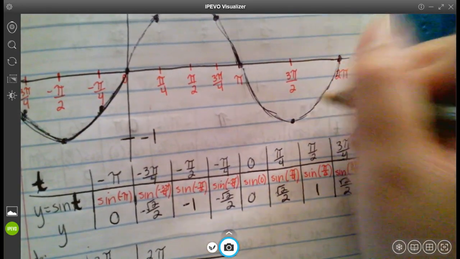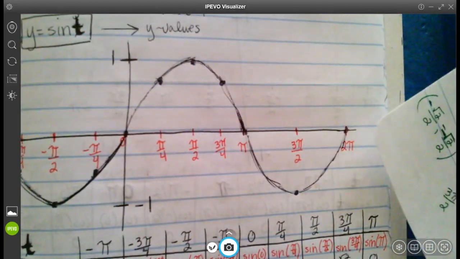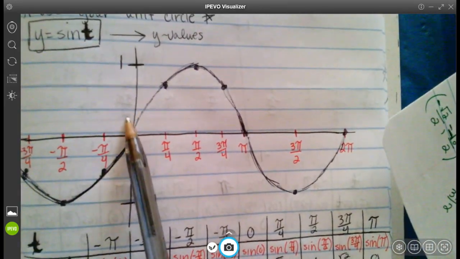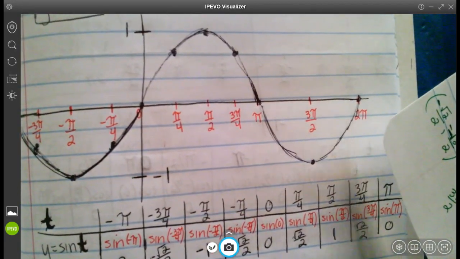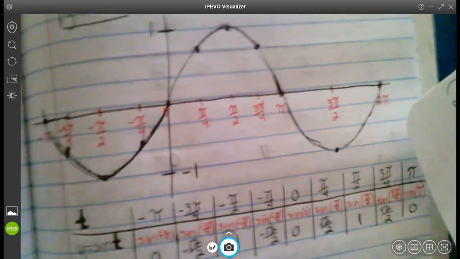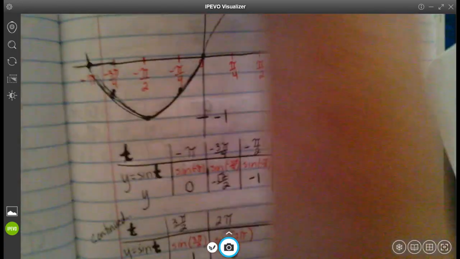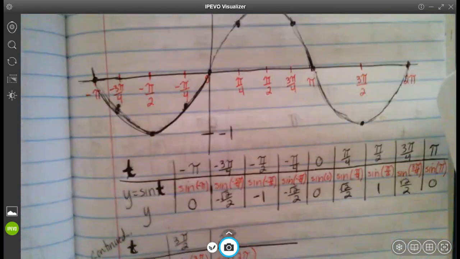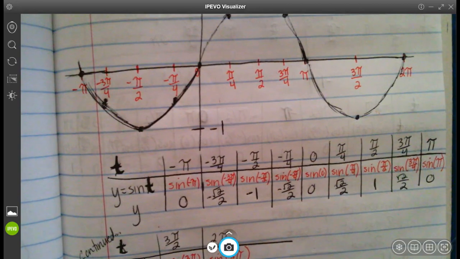And you're going to notice that there is a pattern to this one. Yeah, it repeats itself. This little piece right here is going to be the same over here. The reason this repeats is because this is what we call a periodic function, where you're going to have the same kind of deal going on over an interval for a certain amount of time.